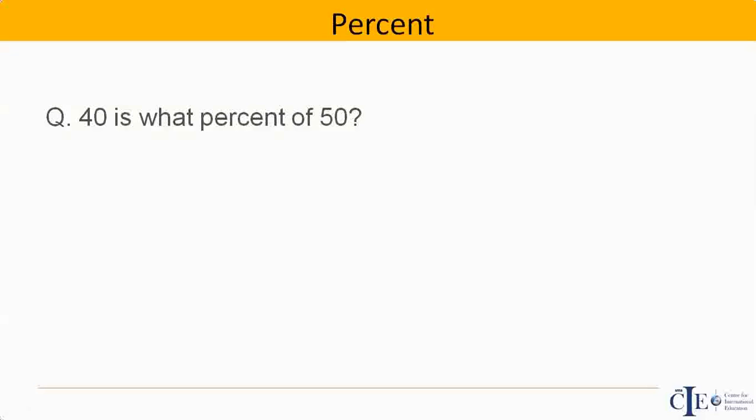So the required fraction is 40, which is the numerator, of 50, which is the denominator. So that's 4 by 5. And we know 4 by 5 is 80%. That's correct. So 80%.